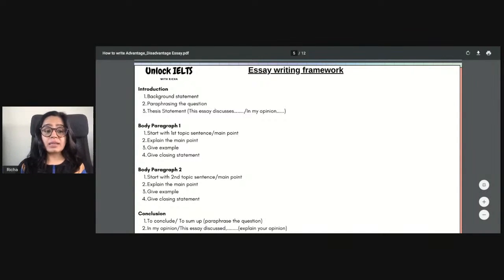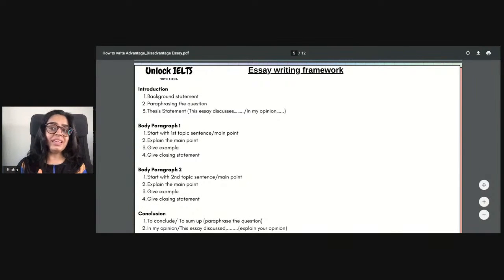Then in that case, in the introduction, in the thesis statement, or in the third sentence, you only use keywords like this essay discusses or this essay highlights. You are not at all required to write your opinion in the introduction, because you're going to lose marks on that, because the question is not asking you to write an opinion directly.